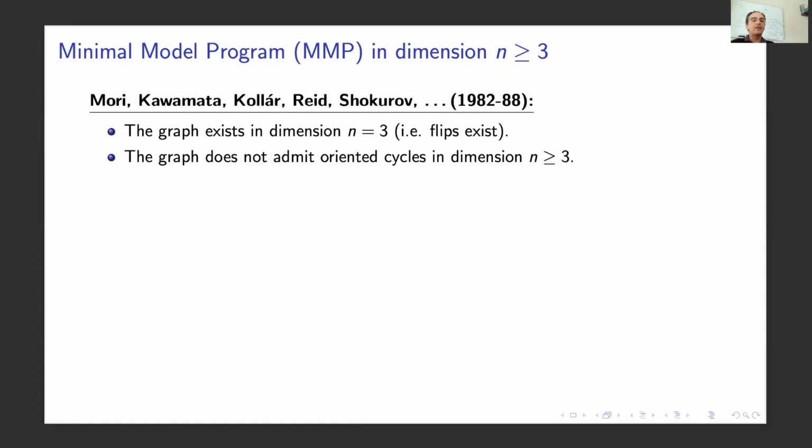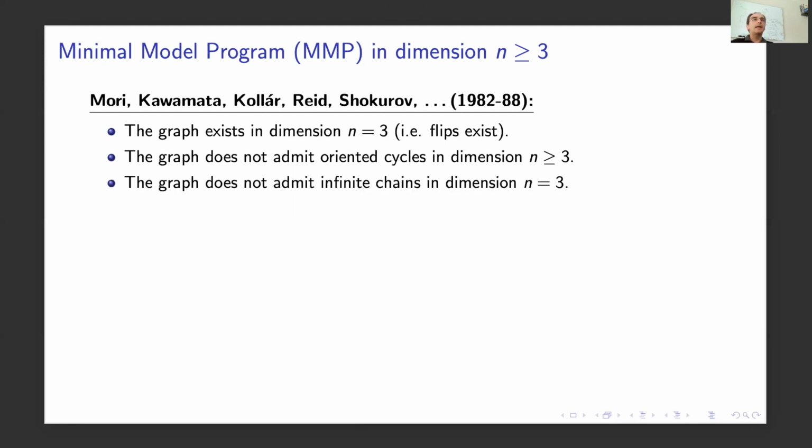So the idea is different from the case of surfaces. For surfaces, we use a proof which is strictly topological. In the case of higher dimensional geometry, the proof depends on the study of singularities of the varieties. Again, it's not easy, it's not obvious, but it's well understood by now.